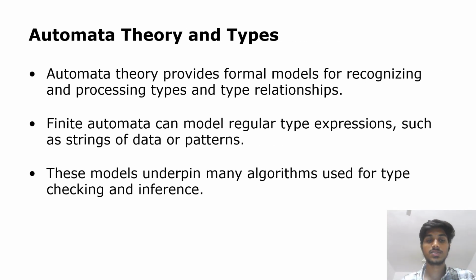Automata theory and types: automata theory provides formal models for recognizing and processing types and type relations. Finite automata can model regular expressions such as strings of data and patterns. These models underpin many algorithms used for type checking and inference.